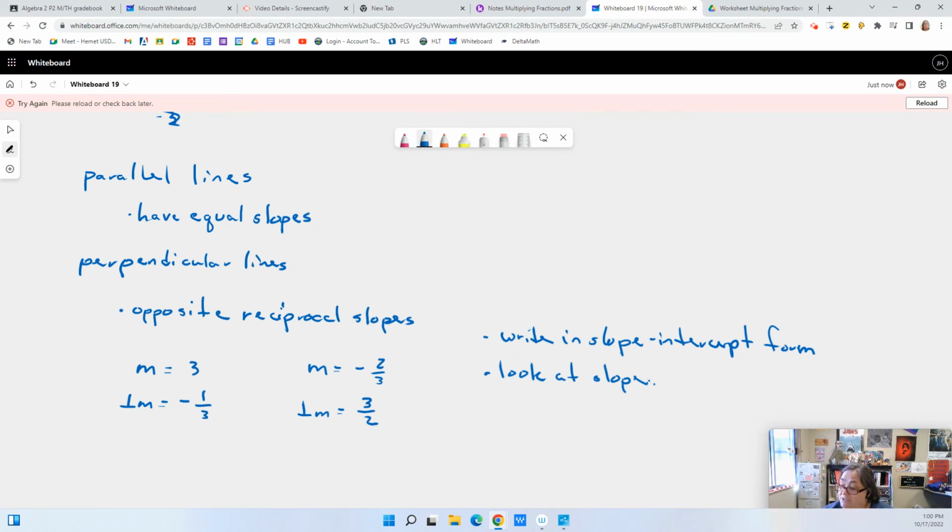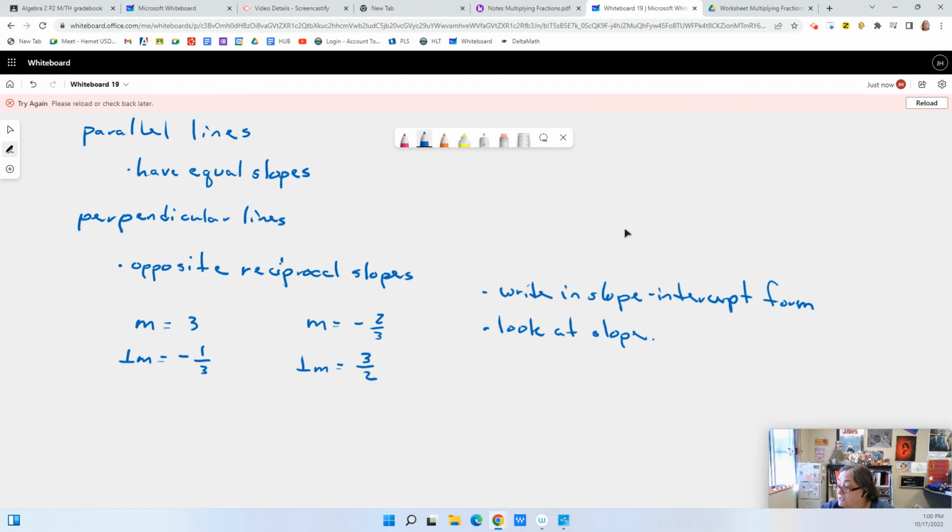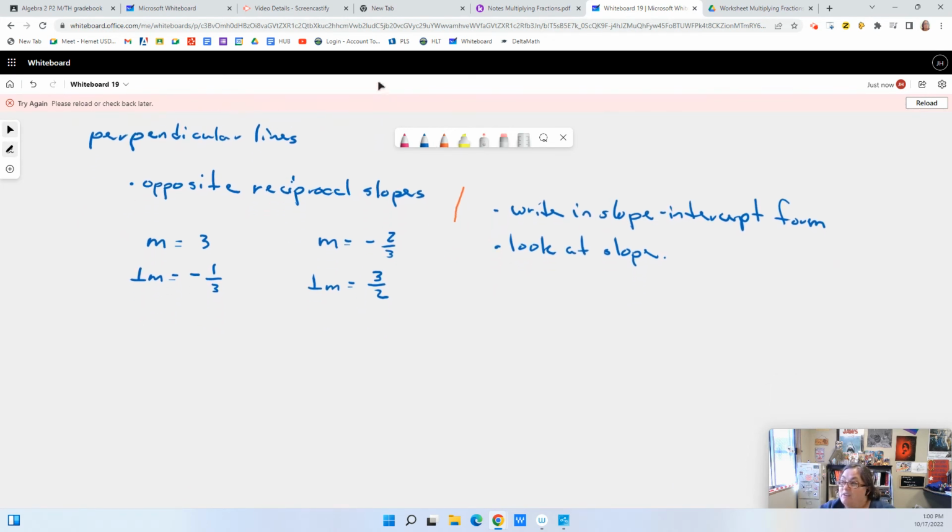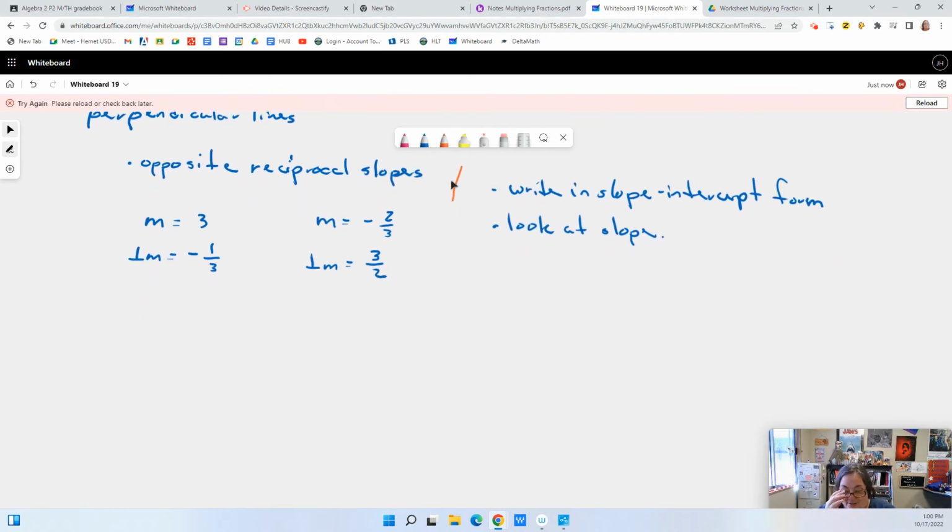The last thing I want to talk to you about is X and Y intercepts because you can use those to graph as well. And then we will be done. We have gone over X and Y intercepts and how to find them. But if you remember, an X intercept is a point on the X axis.